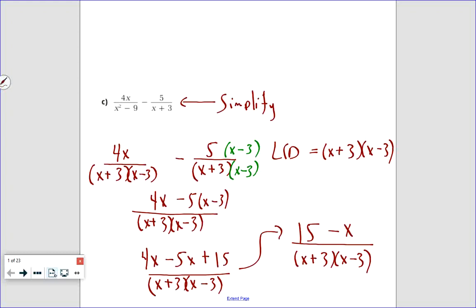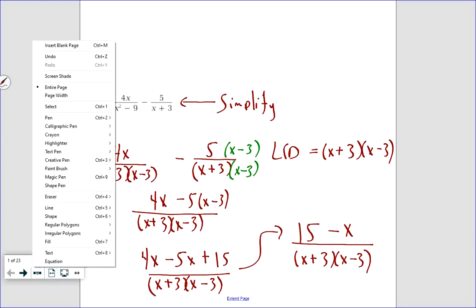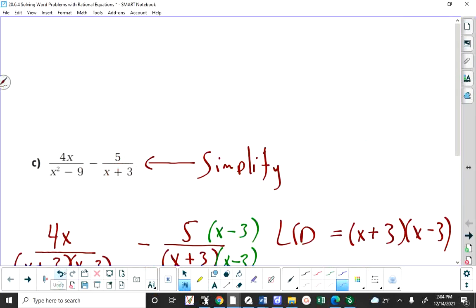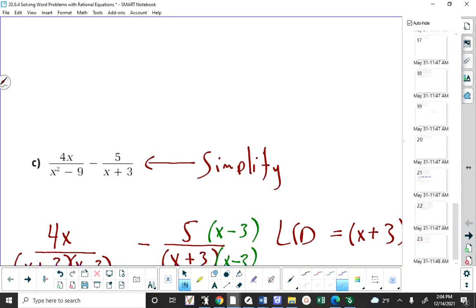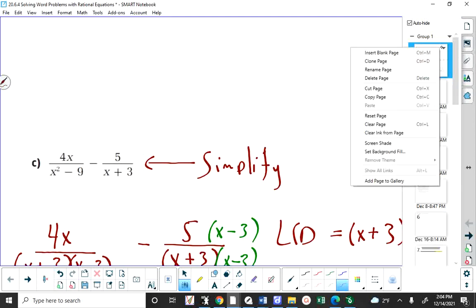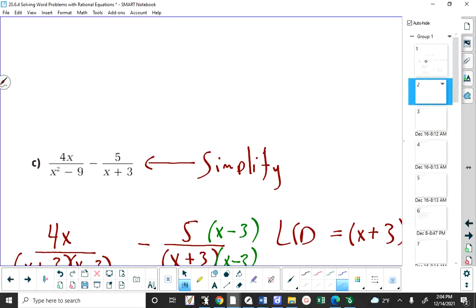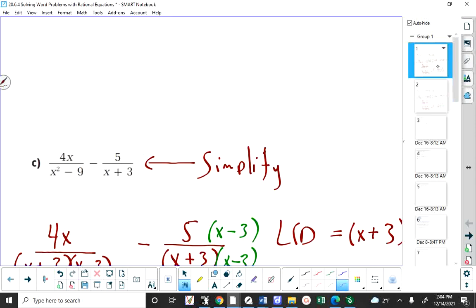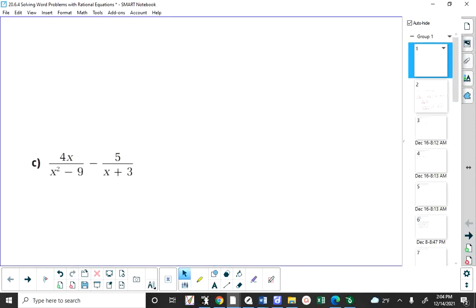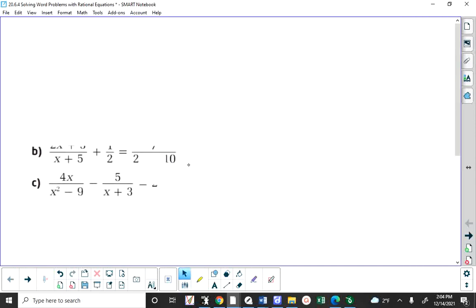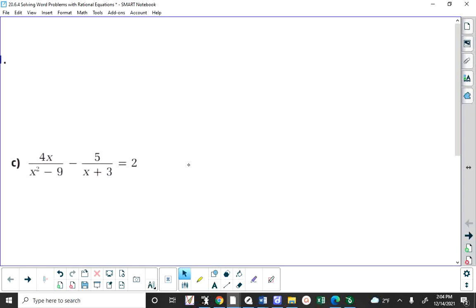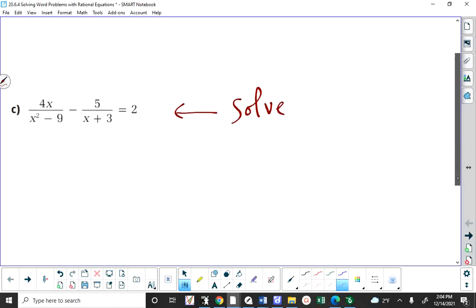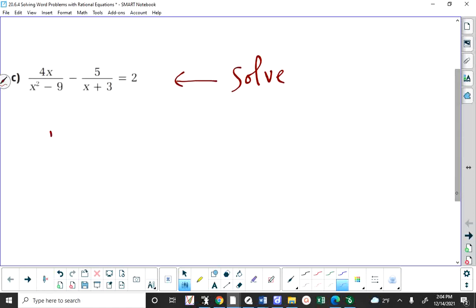Right? However, if you were asked to solve this equation, you do pretty much the same thing to start off with. You factor everything.